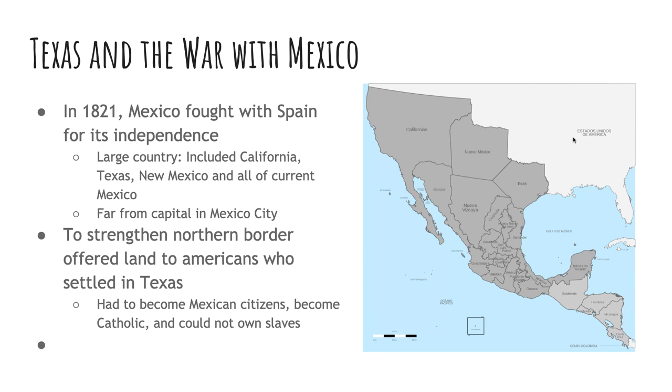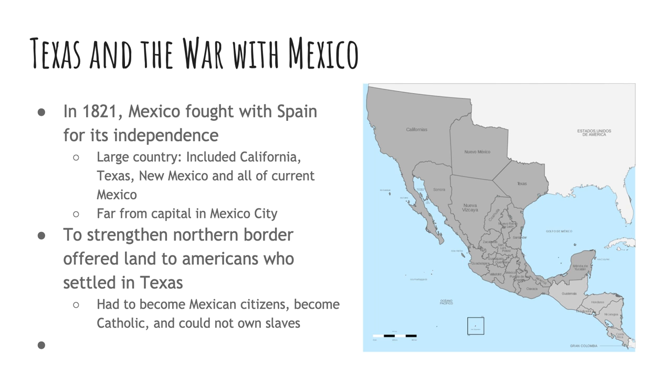Before we talk about the war, let's talk a little bit about the country of Mexico in the 1800s. So in 1821, the country of Mexico fought with Spain for its independence. Similar to the way the 13 colonies fought against Great Britain for their independence, Spain was controlling this land, and the people living there didn't want to be controlled by Spain anymore.